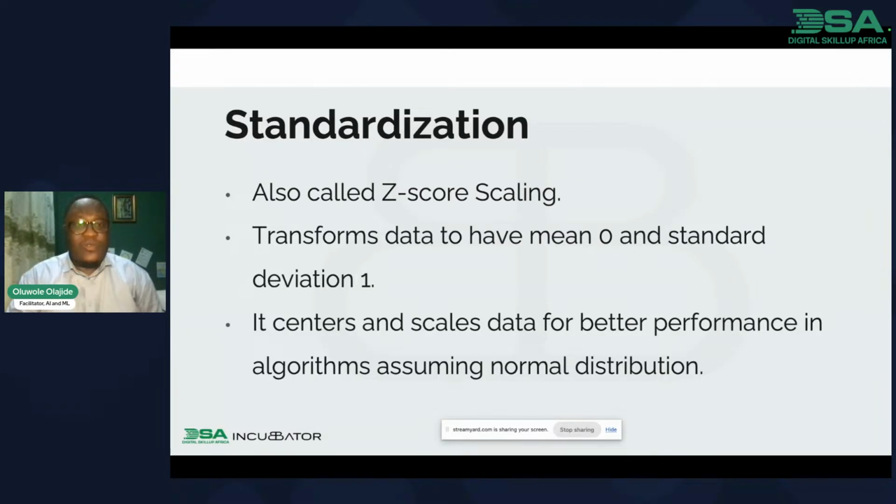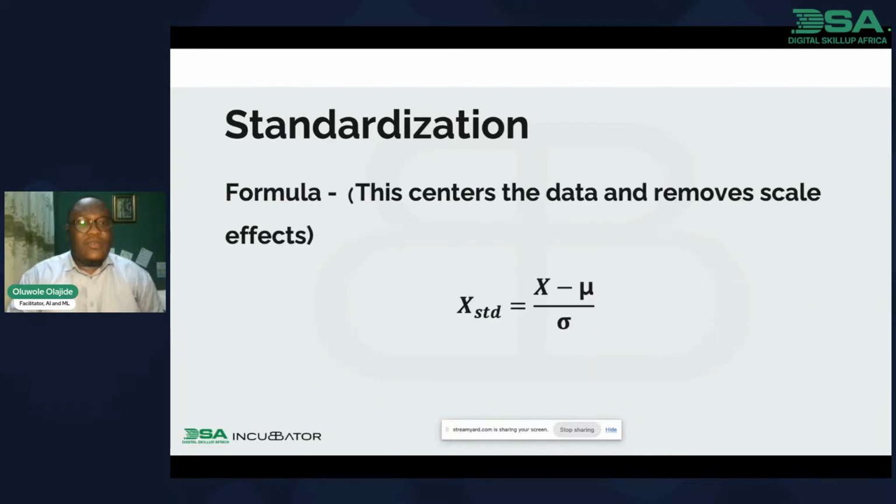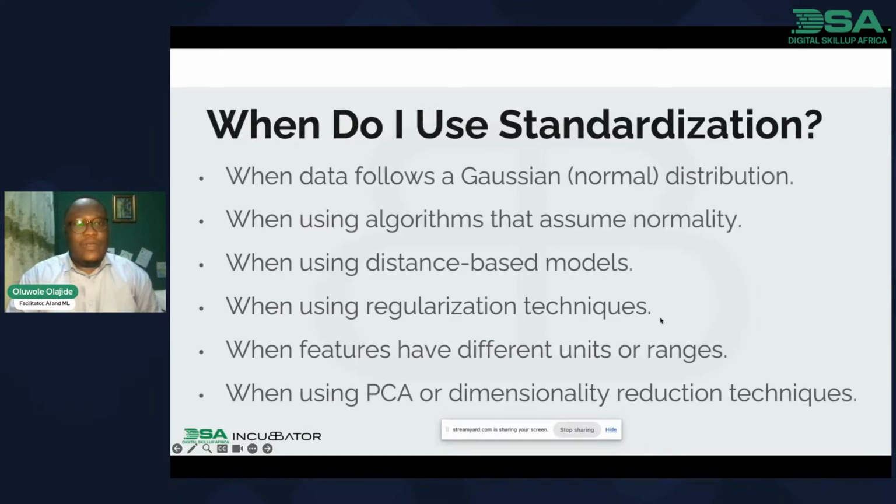So I'm just going to go straight to it. These are the standardization formula. You have your X, which is your normal value, this is your mean, and this is your standard deviation. Okay, so let's go on.